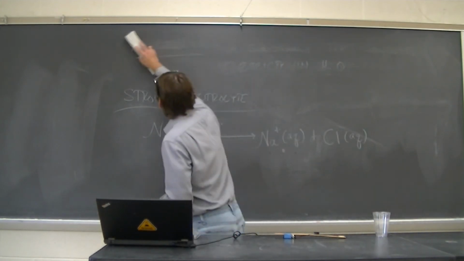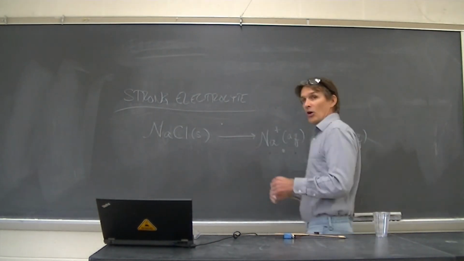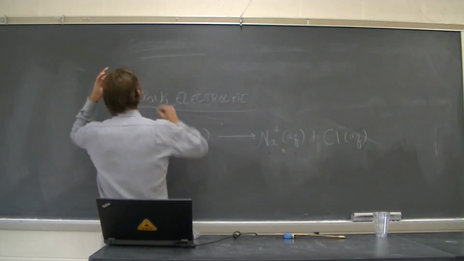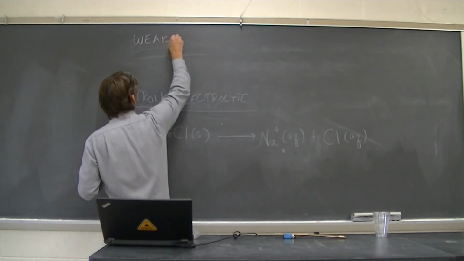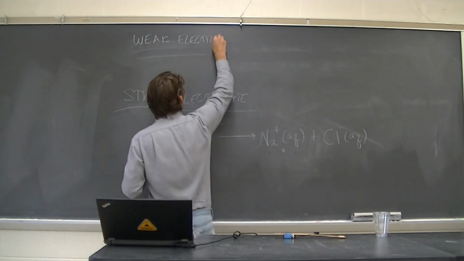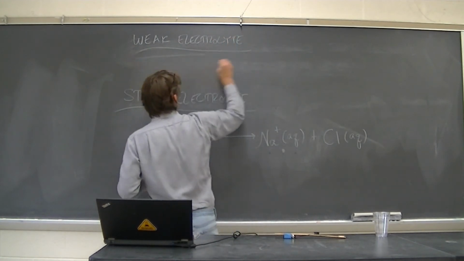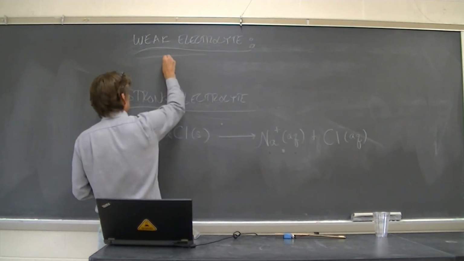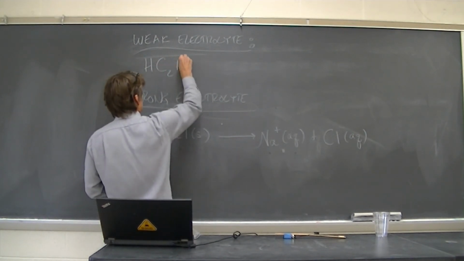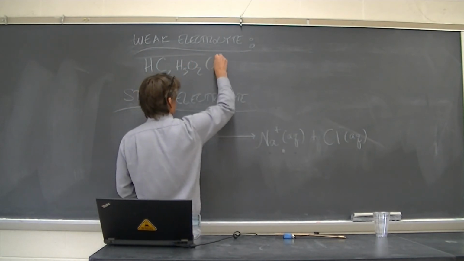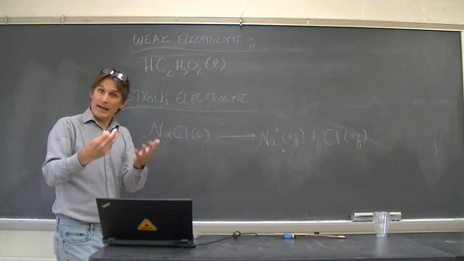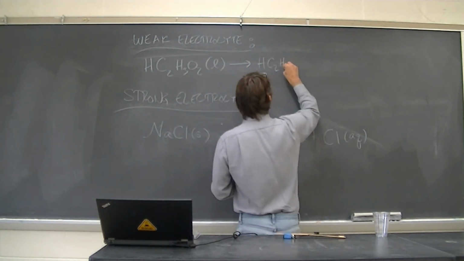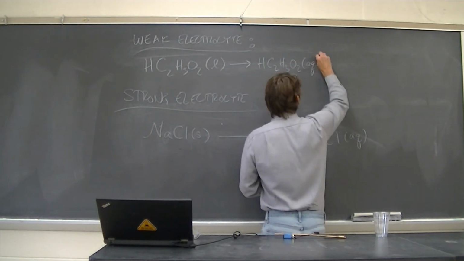In a weak electrolyte, not all of the substance that dissolves dissociates. So acetic acid is a weak electrolyte. In this case, I'm going to write acetic acid, which happens to be a liquid. I'm going to write HC2H3O2, that's the formula for acetic acid. When that dissolves in water, we can write HC2H3O2 aqueous.